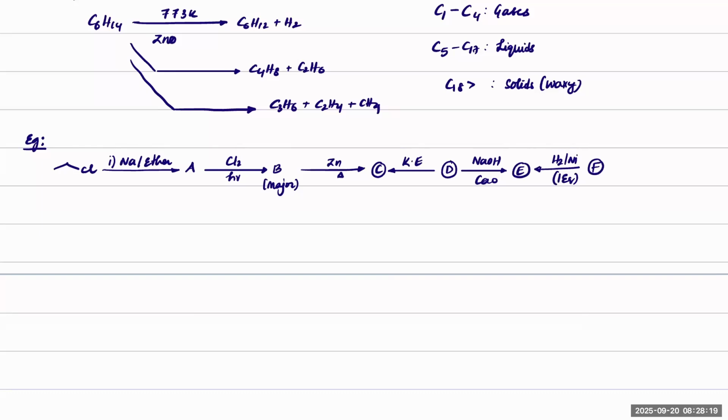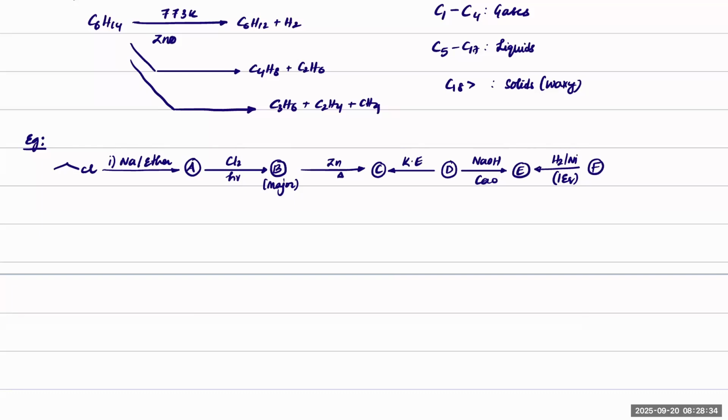So we need to figure out what is A, B, C, D, E. Understood now? So this is the way typically the questions can be framed.